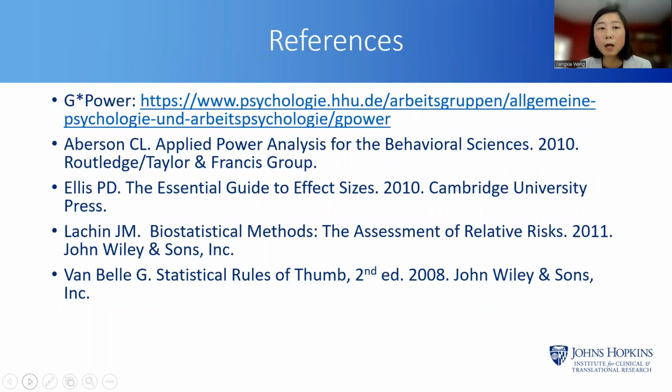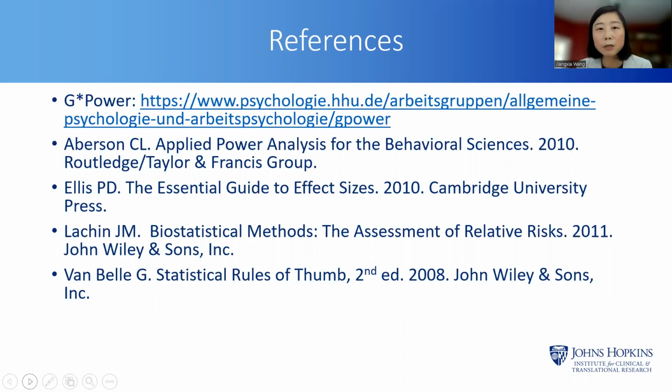Here are the references for some of the contents I showed here. I know it's a very quick introduction, and I probably didn't go into too much detail for the information you need, but hopefully the references can provide some information. This is the download link for G-Power, and there are some books about power and sample size calculation.